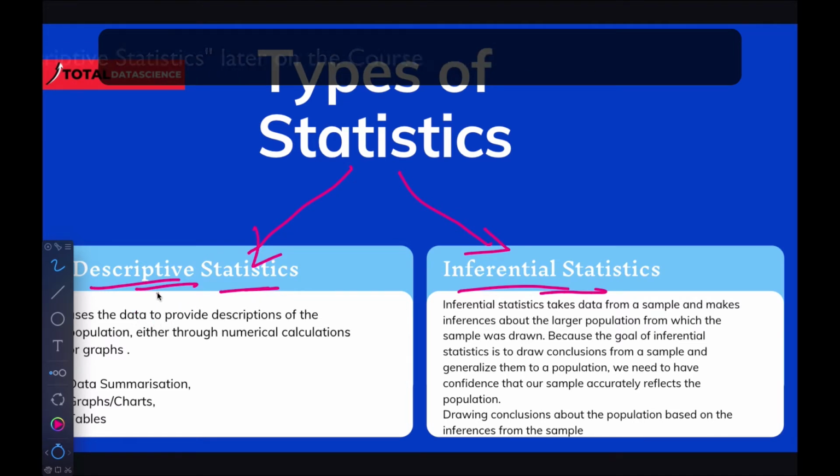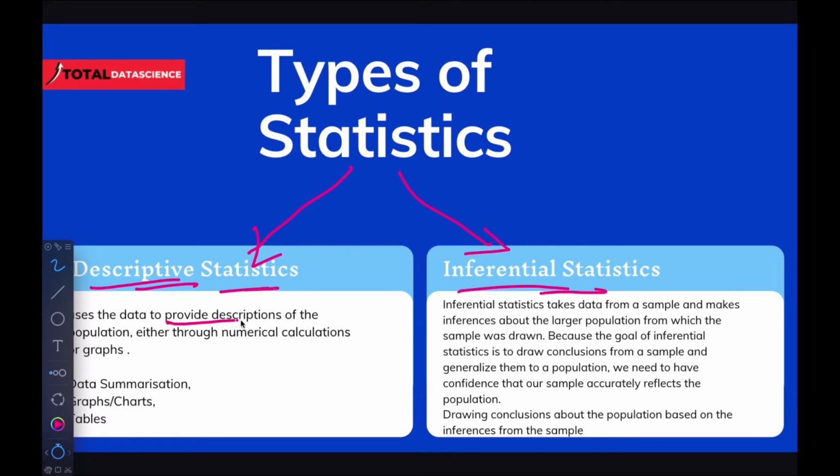Descriptive statistics provide descriptions of the population. For instance, if you want to see what the mean of the population is, or what kind of age group, let me write it here.